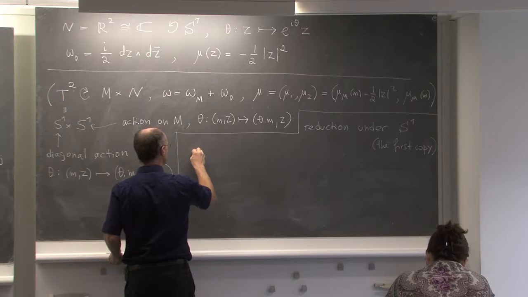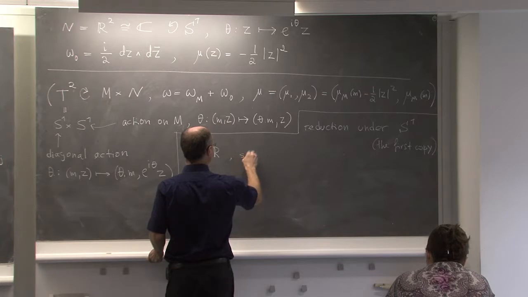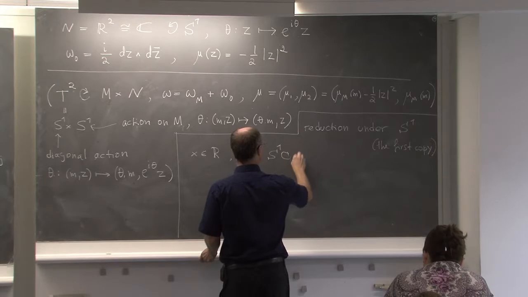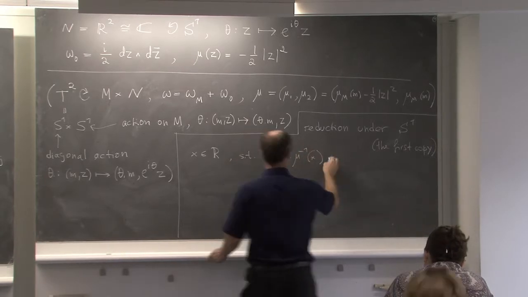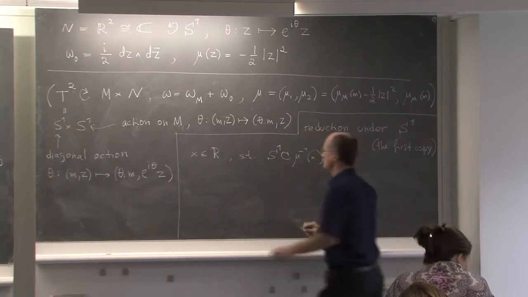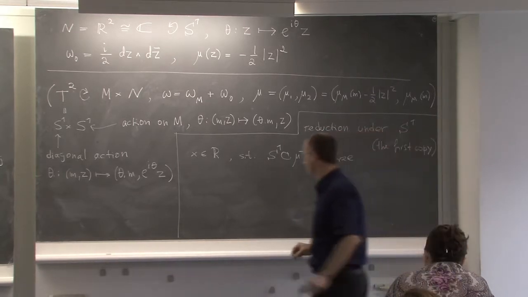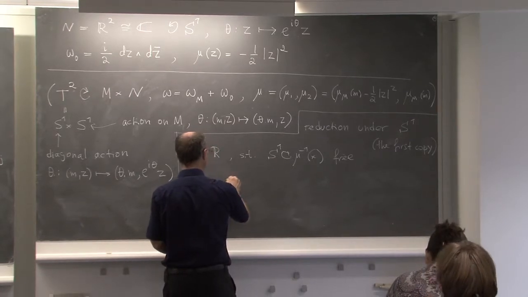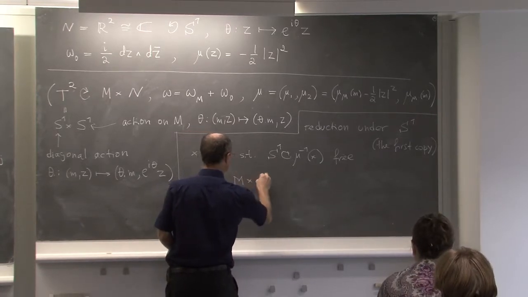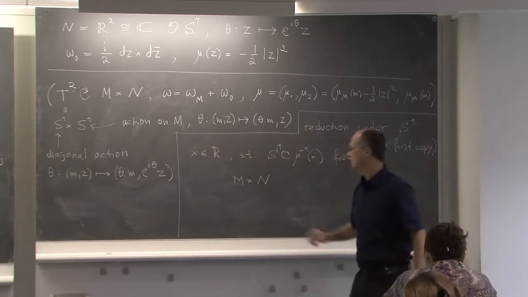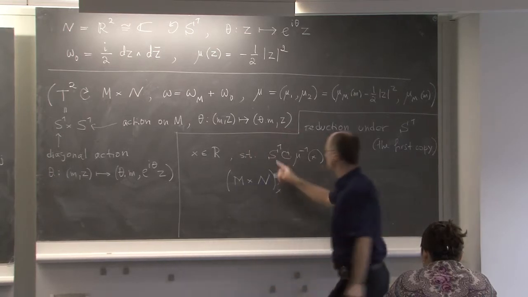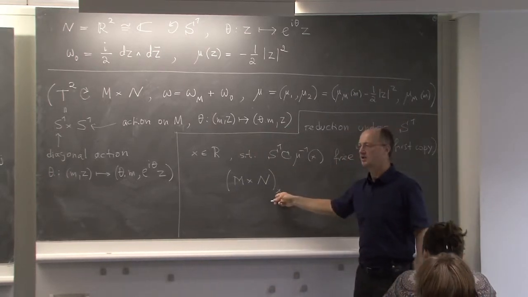Let me choose x in R such that the S1 action on the level set is free. And let me consider the space M cross N and do reduction with respect to the first S1 action at level x.